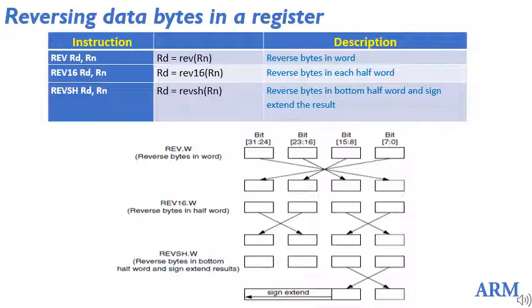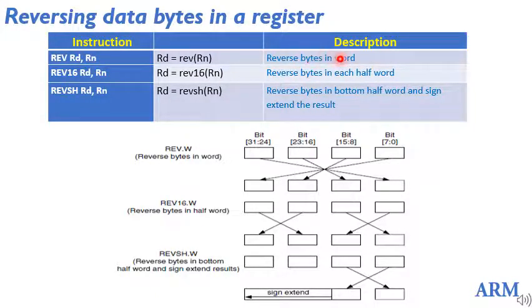Another set of data processing instructions we have is reversing data bytes in a register. You have three different variants of reversing data bytes in a register, that is REV, REV16 and REVSH. We'll see each of them. REV RD, RN is going to reverse bytes in a word.